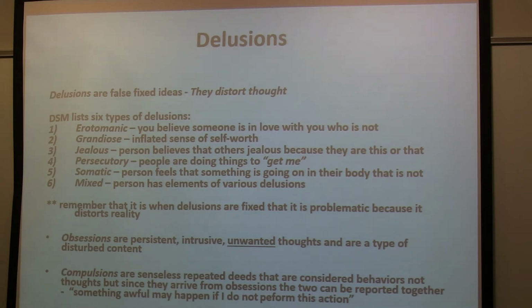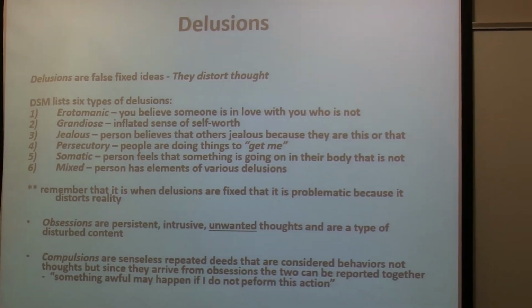Persecutory. People are doing things to get me. Somatic. The person feels that something's going on in their body that actually is not going on. Or mixed. Person has elements of different delusions, of various delusions. Remember that it is when delusions are fixed that they really become problematic, because they distort the reality of the person or the thinking of the person.